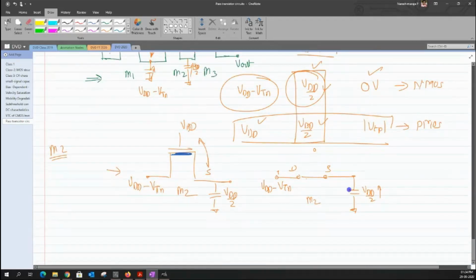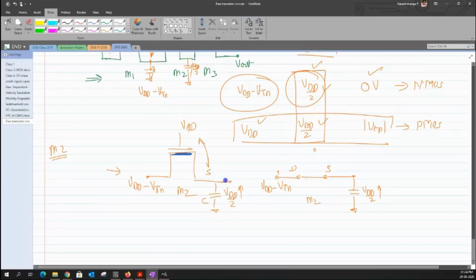Now we have to think about whether the channel exists while I'm charging this capacitor all the way to the input voltage, which is VDD minus VTN. Now that this voltage keeps rising and there exists a channel, what is the maximum voltage it can reach? VDD minus VTN.